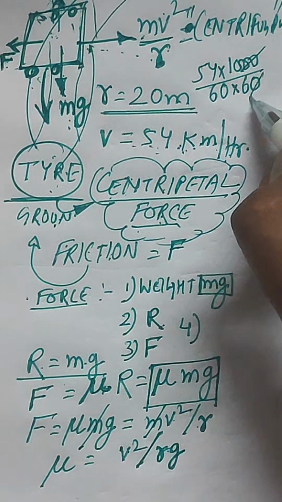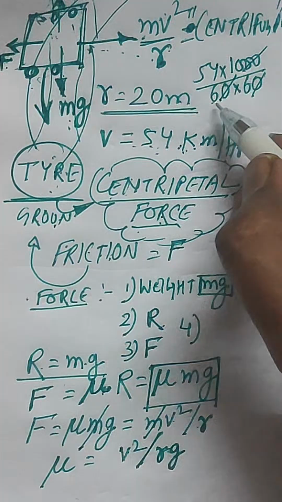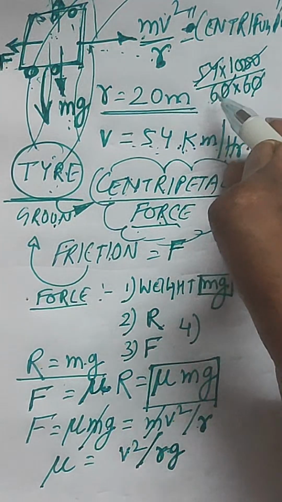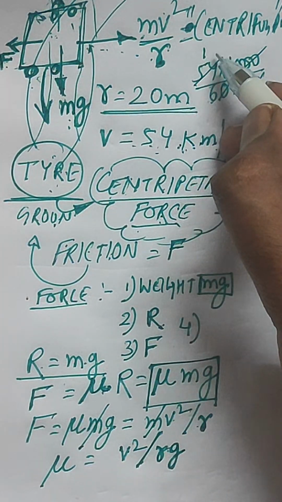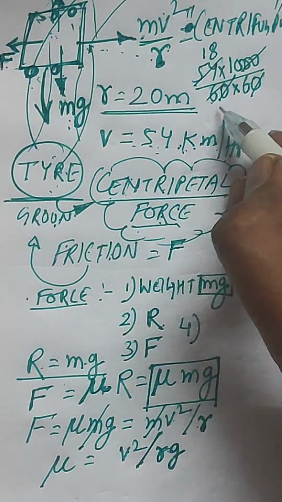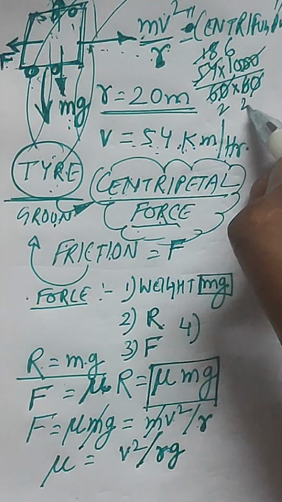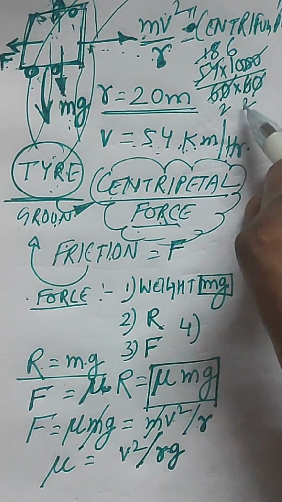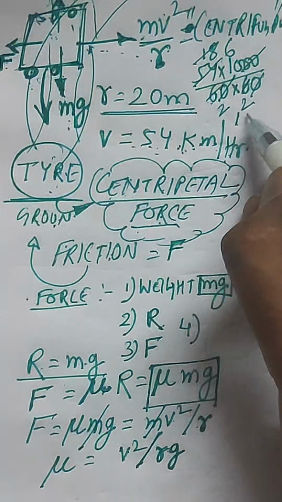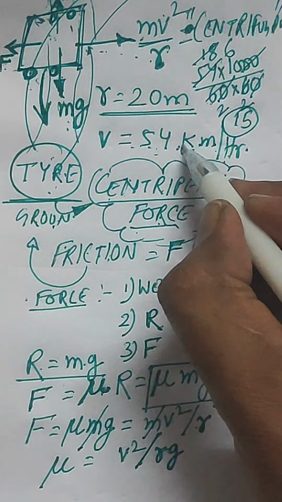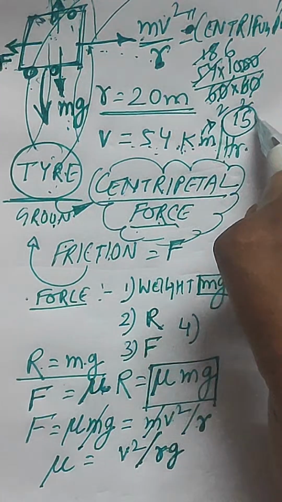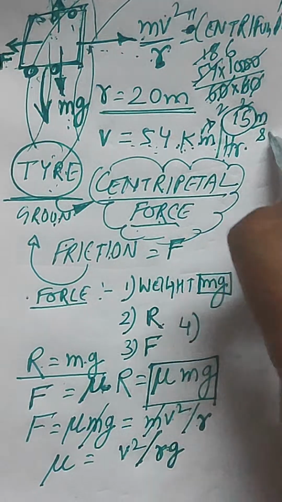So two zeros will be cancelled, so 36. From 3 18 times, 3 2 times, 3 6 times, 3 2 times, right, 60 by 4. So this is coming as 15. 54 kilometer per hour is 15 meter per second, right?